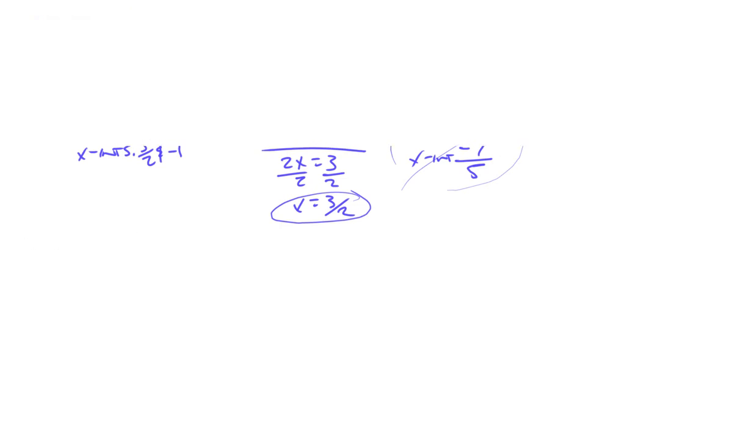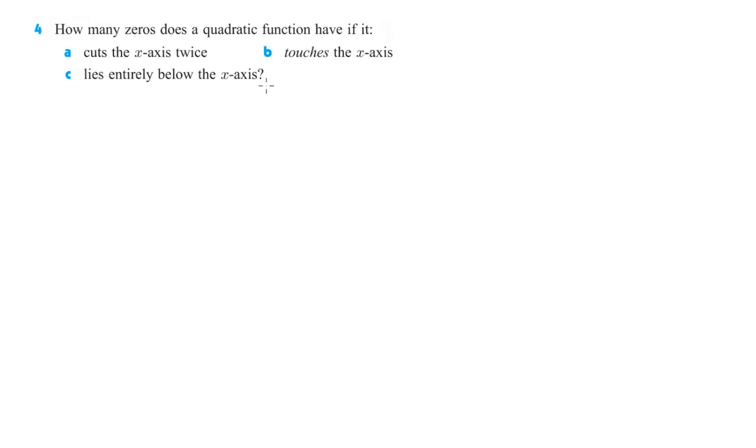Okay? Number 4, how many zeros does a quadratic function have if it cuts the x-axis twice? So if it cuts the x-axis twice, that means it's going to look like this, or something of that nature. So how many zeros does it have? If it cuts it twice, it's going to have 2 zeros. Okay?